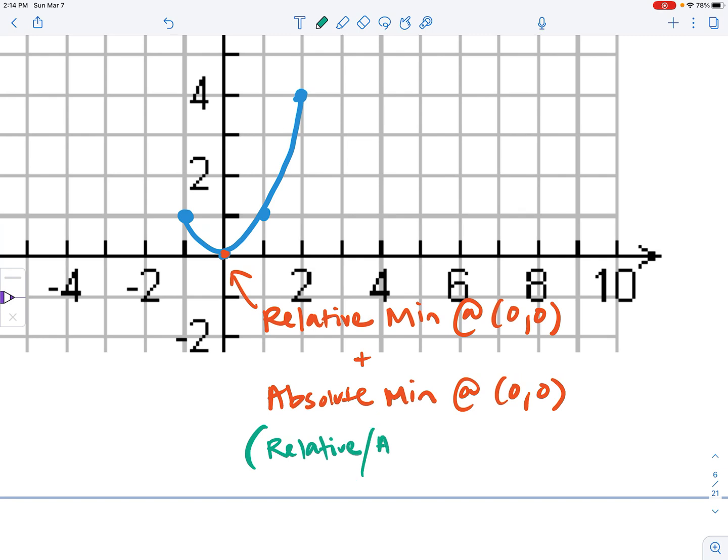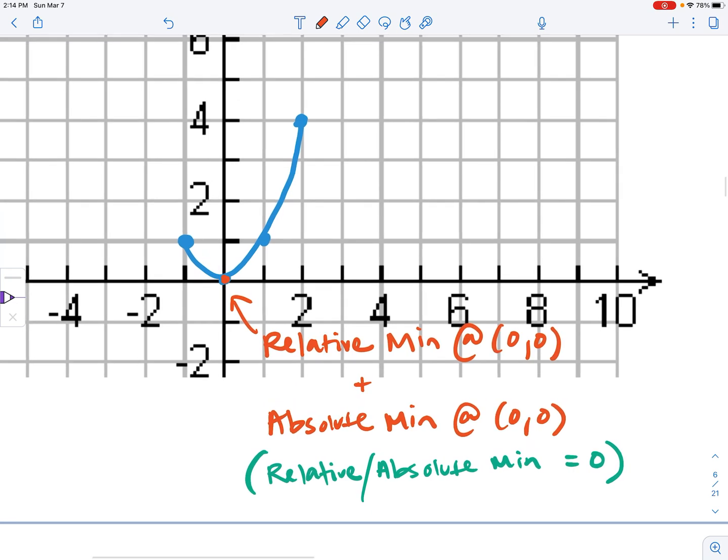So we could say that the relative, also the absolute min is 0. Okay, and then it looks like the absolute maximum, the largest y value, the largest output value, is at 2, 4. So that would make 4 the absolute max.